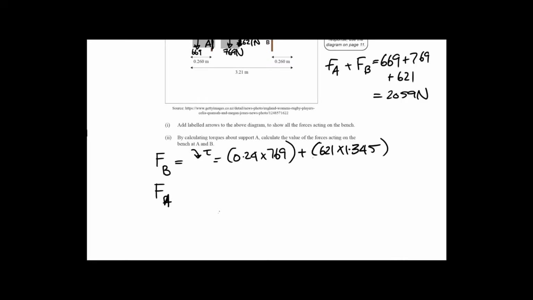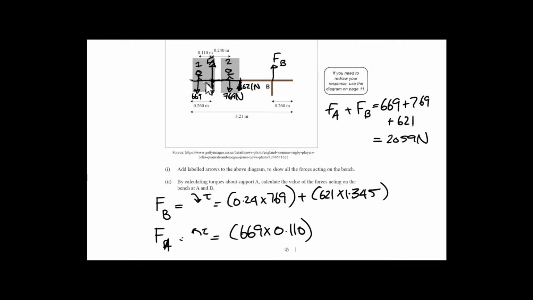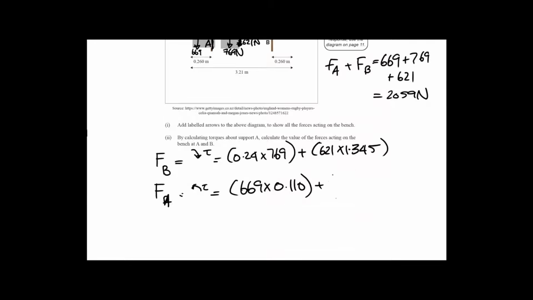So let's look at the forces on A now, the anti-clockwise torques. That's just the player to the left of it, which is 669 times 0.110 meters, this very small distance, plus FB times 2.64.